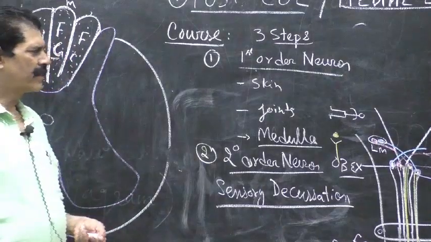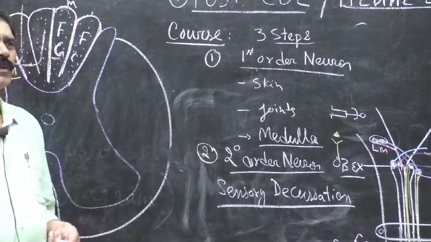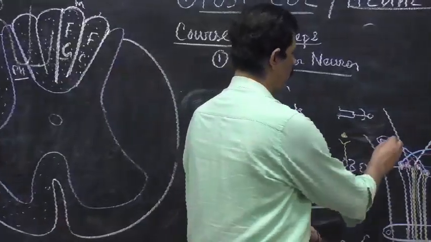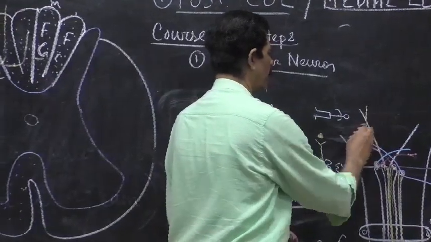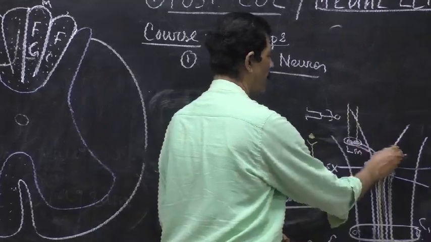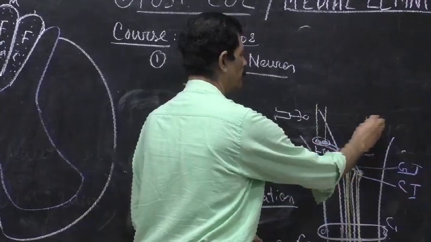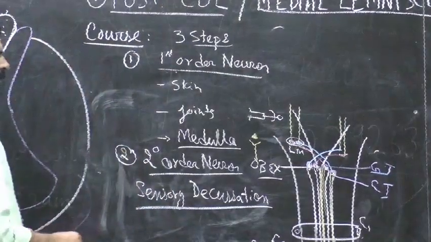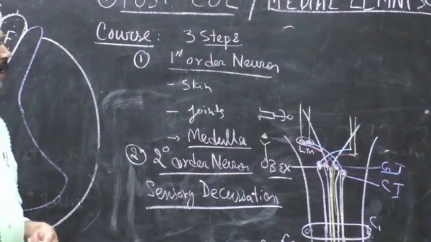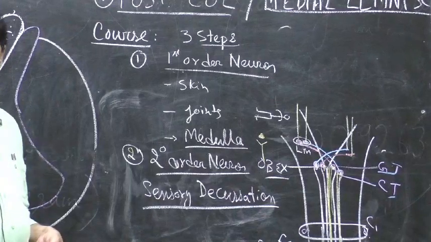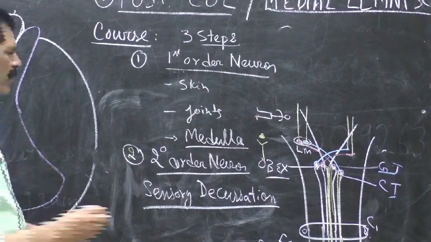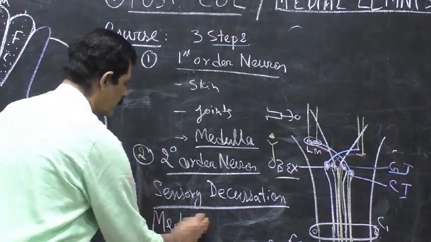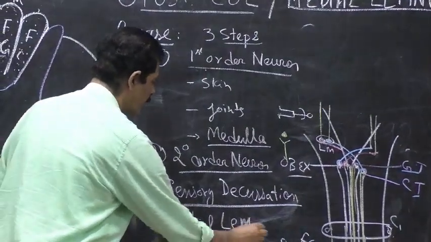Now after that, the second order neurons start and they ascend upward into the upper medulla. Now these crossed second order neurons are called medial lemniscus.